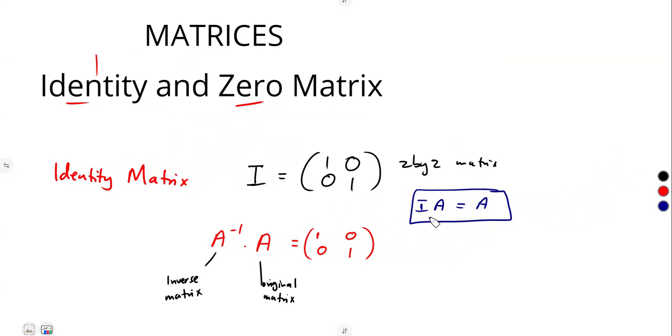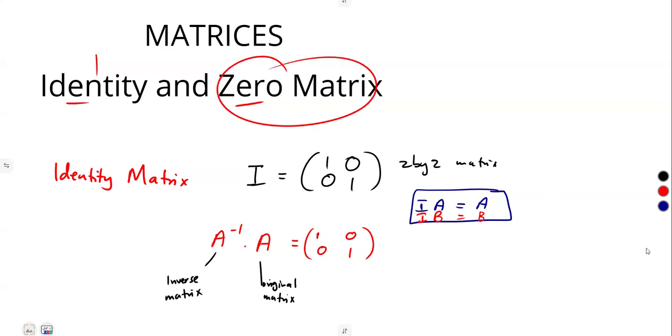So the identity matrix times matrix B, you obtain matrix B, whatever you're given.